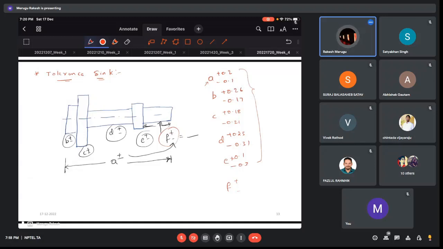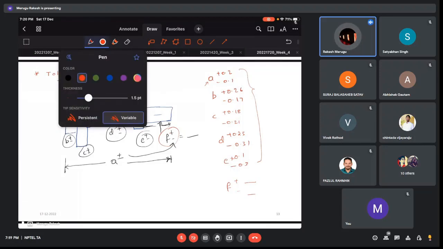Any ideas? Maximum size of A minus B minimum plus C minimum plus D minimum. You can give me the values directly. Yeah, that is the process.